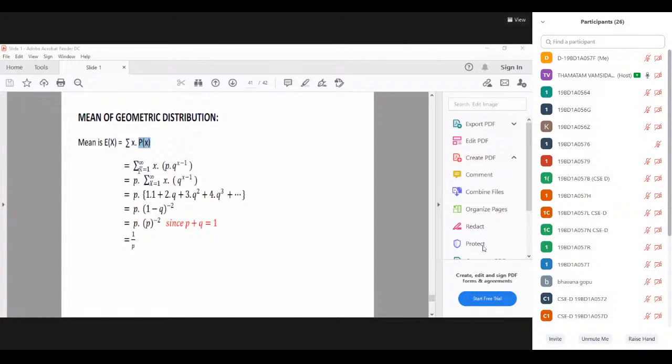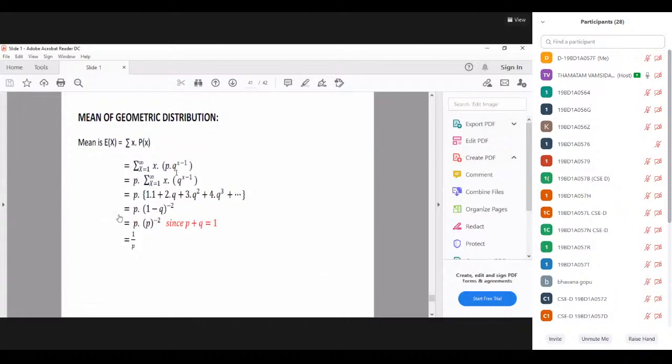Summation x equals 1 to infinity, small x into p into q power x minus 1. Here p is a constant because the summation involves x, so you can take p outside.